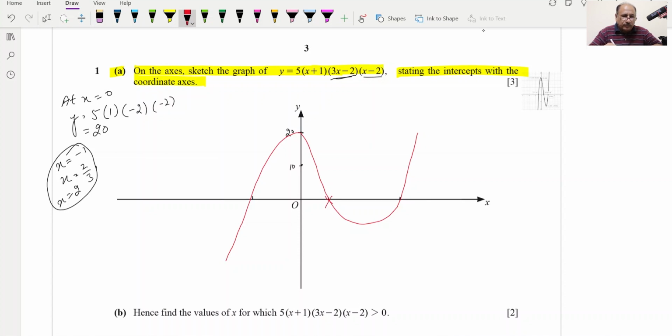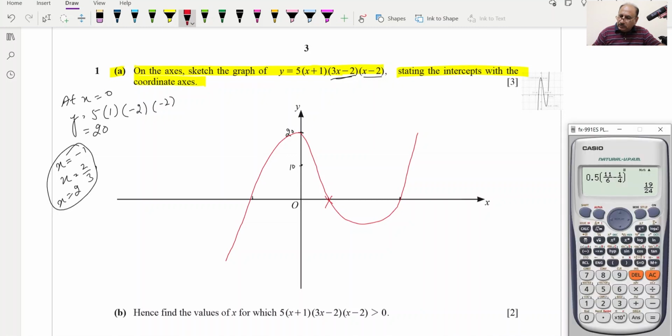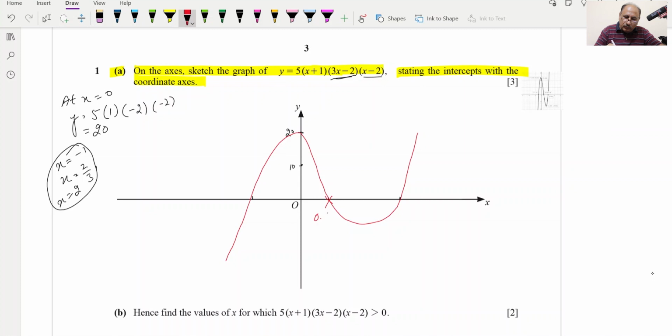This point will be 2 over 3, about 0.67, and 0, and for the y-intercept we write 0 and 20. So these will be the intercepts.